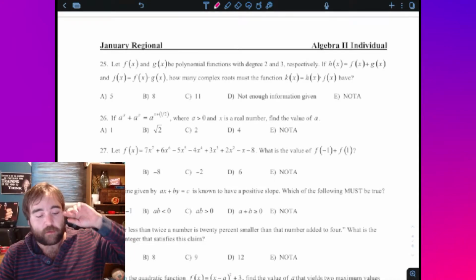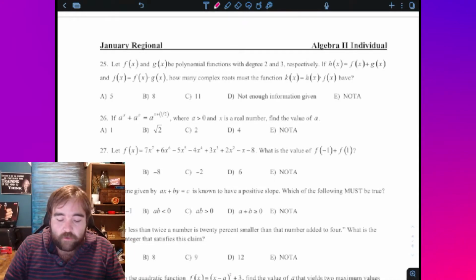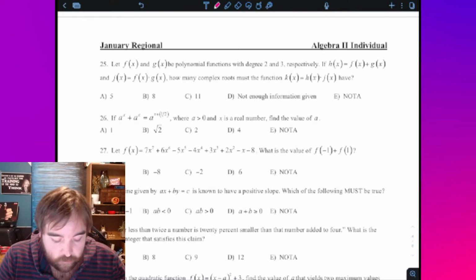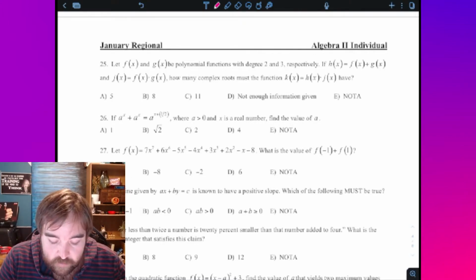Alright. Let f of x and g of x be polynomial functions with degree 2 and 3 respectively. If you add them together, or if you multiply them together, how many complex roots must the function have? Okay, well, complex numbers are real numbers, so that's actually helpful, not hurtful. If we add these together, it's going to be degree 3. And if we multiply them together, it's going to be degree 6.